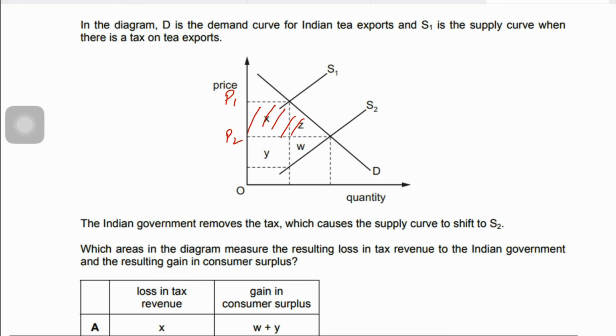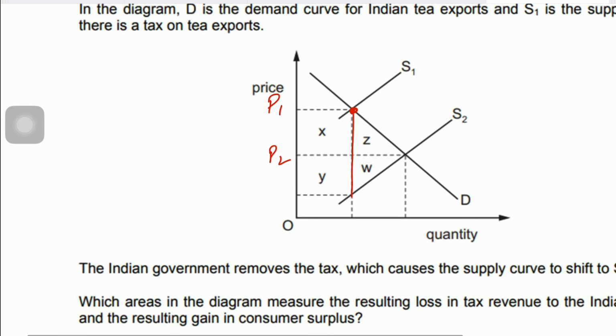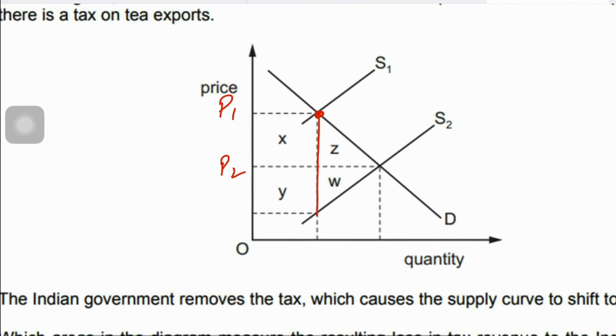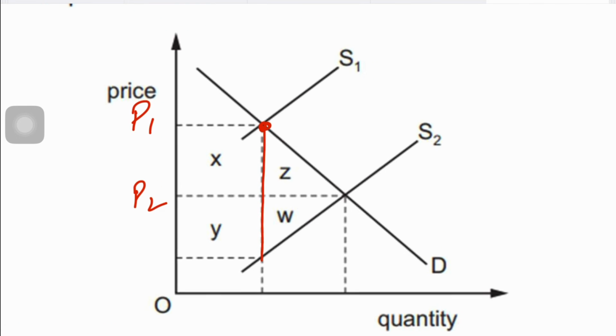The gain in tax revenue would be the distance between the two supply curves, which would represent the tax per unit, times the quantity that is sold. But since this is the removal of the tax, we can see what would happen if a tax was imposed.